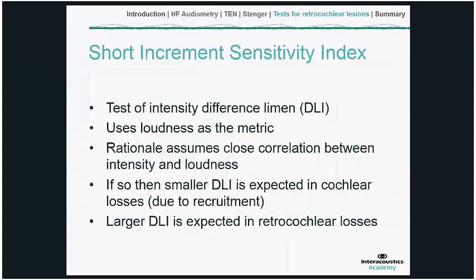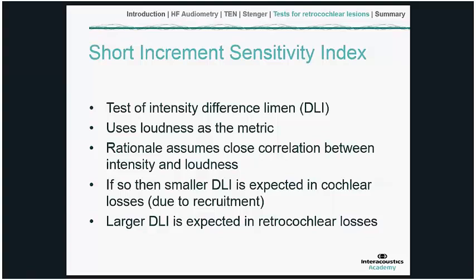Related to that is another test known as the short increment sensitivity index. This is a measure of one's ability to tell the difference between the loudness of sounds, so that's what's meant by the difference limen for intensity.